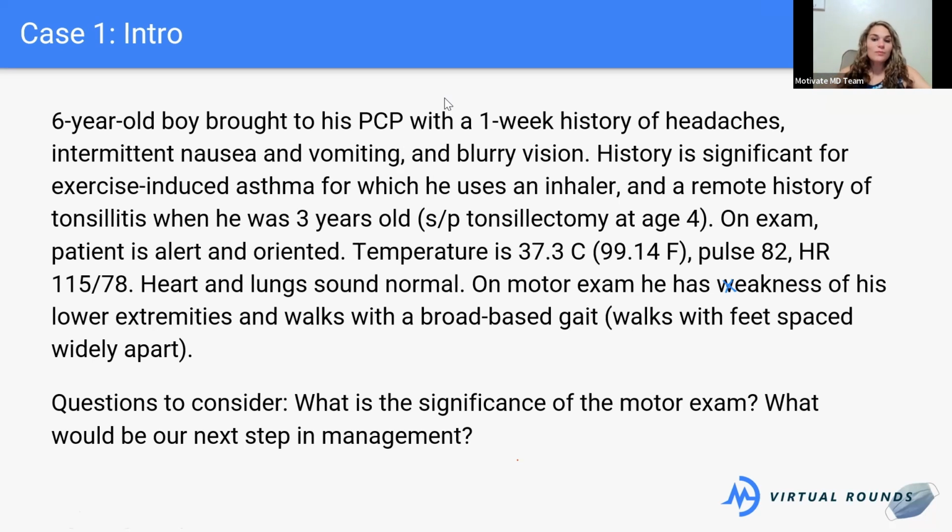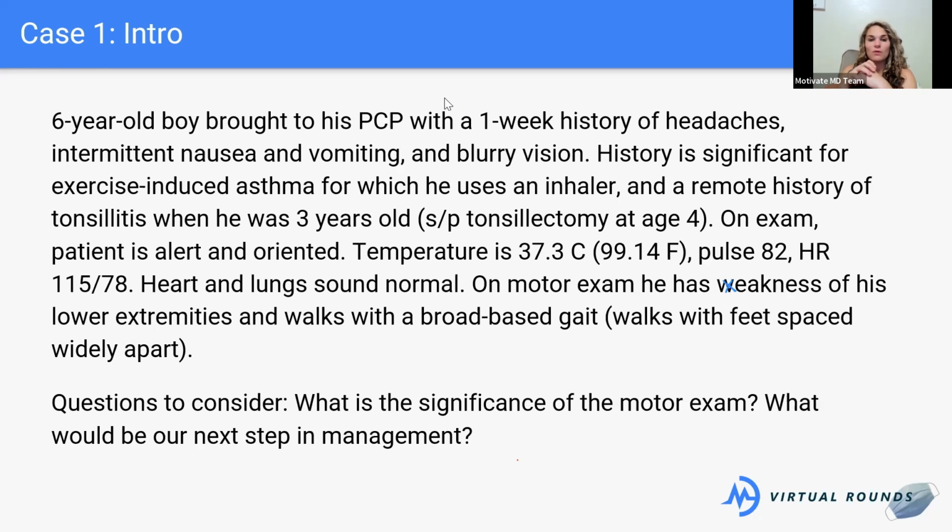Let's start with, is this a normal motor exam? Yeah, difficulty with balance is what Adam says. Yeah, that's great. Cerebellum issue, great, wonderful. I love how we're already thinking about connections to the brain. So broad-based gait is obviously having difficulty with coordination and with balance, right?